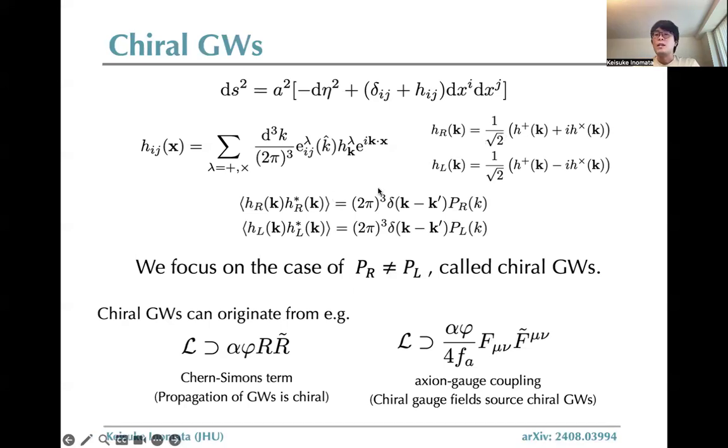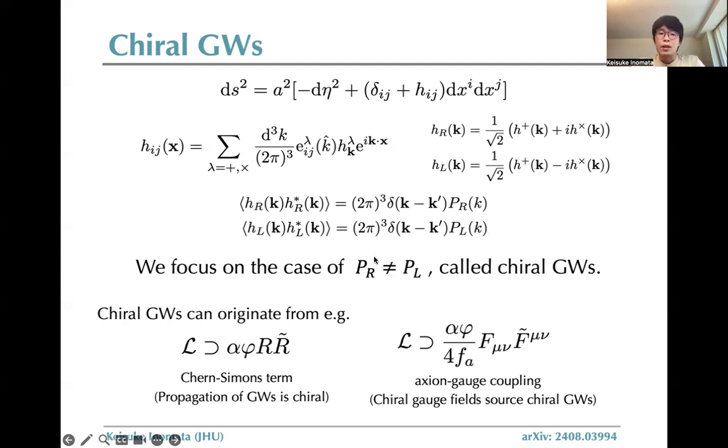And we define the power spectrum of the right-handed and the left-handed tensor perturbations. I'm going to focus on the case where the power spectra of right- and left-handed tensor perturbations are different. So this kind of gravitational wave is called chiral gravitational waves.